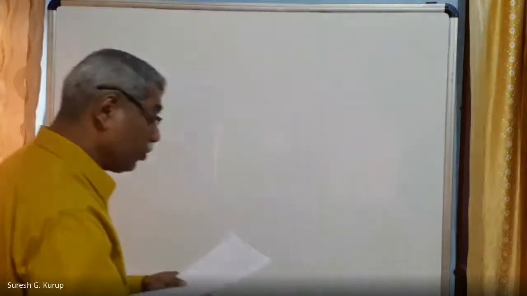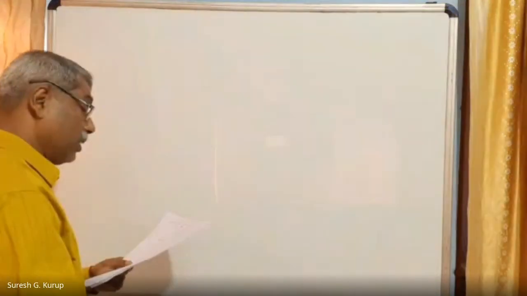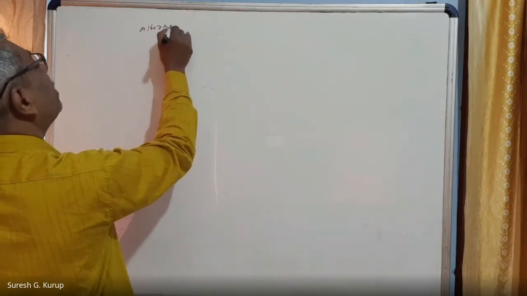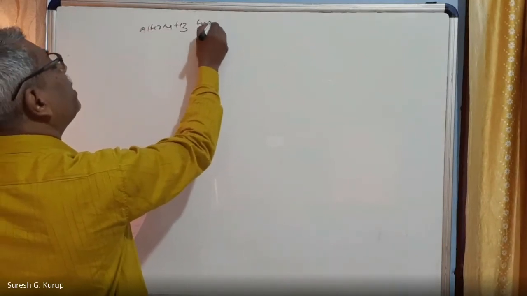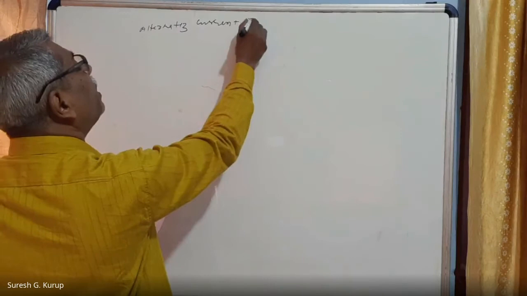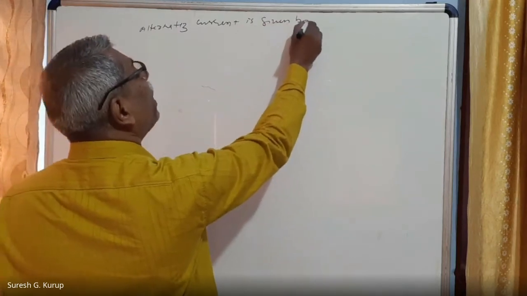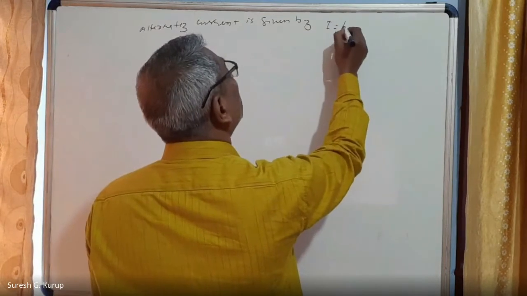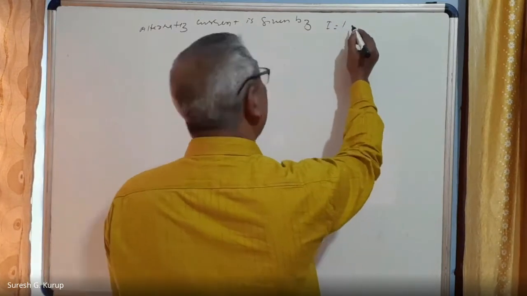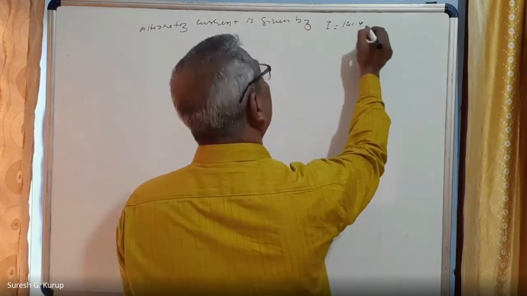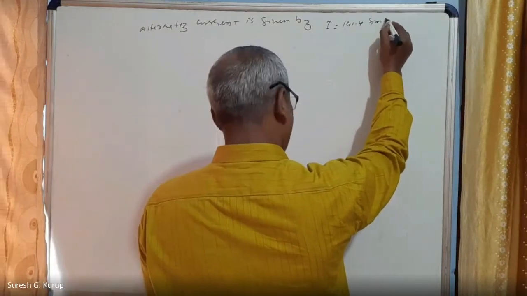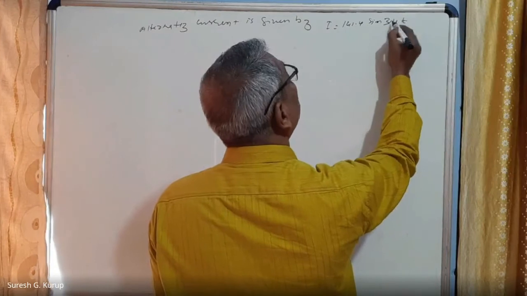So there is a question: an alternating current is given by I is equal to 141.4 sin 314t.